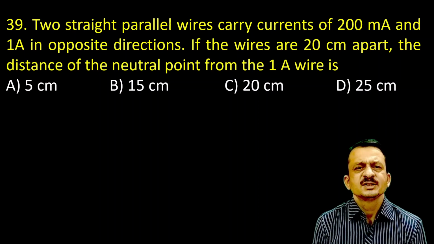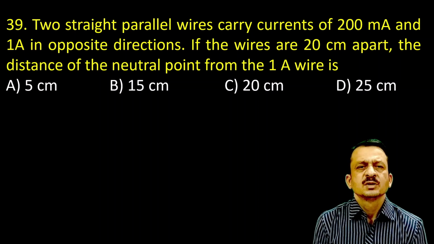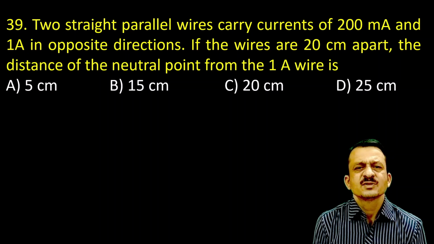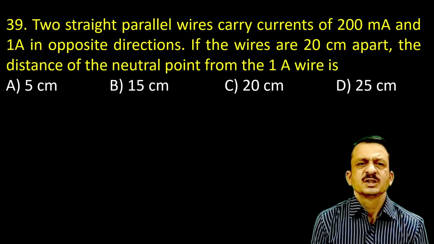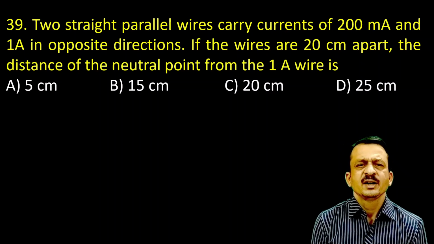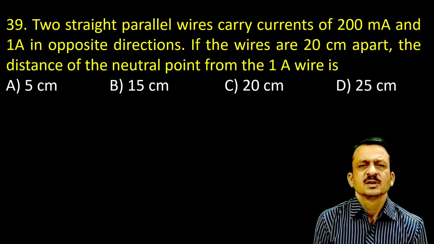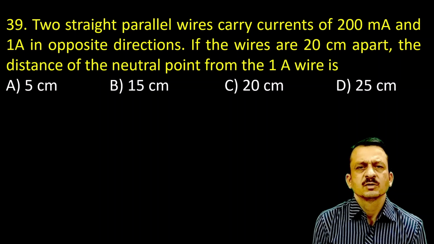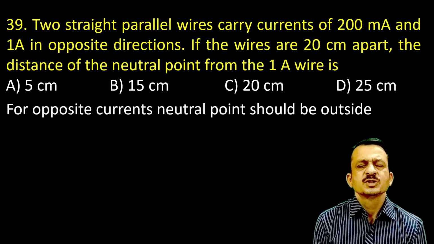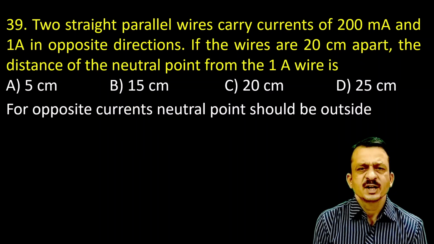And one more thing, since they have asked to find the distance from the 1 ampere wire, obviously here we should get a distance of 25 centimeter. Now we will work out, okay. Now for opposite currents, the neutral point should be outside as theoretically said. Obviously the option D is the right answer.